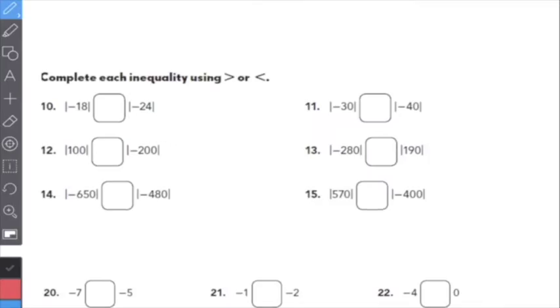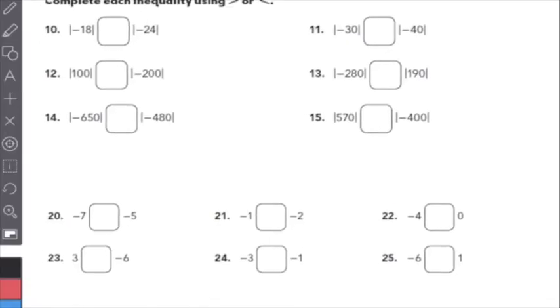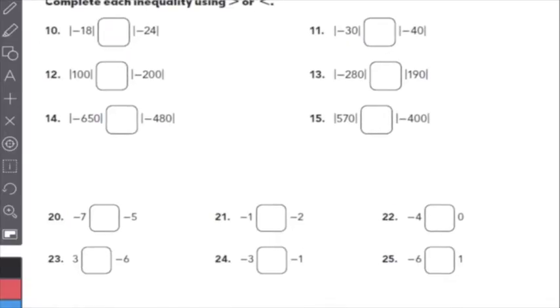Okay, next we're going to complete each inequality. If you look at 10 through 15 here, the inequalities are all based on absolute value. We have -18 and -24, the absolute value of each. Remember, absolute value means how far you are away from 0.